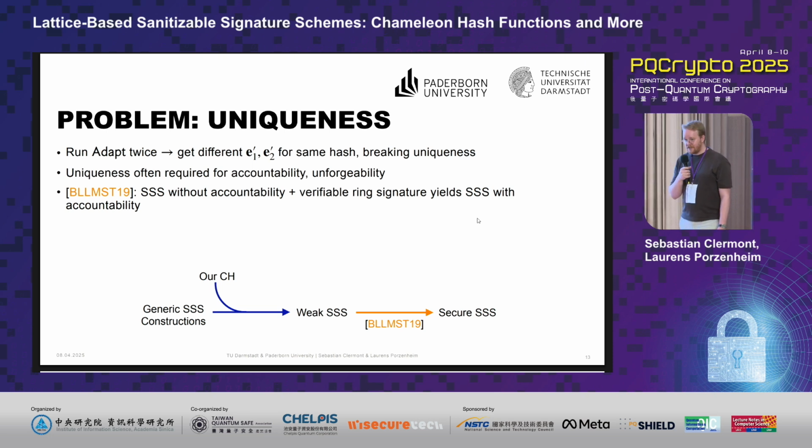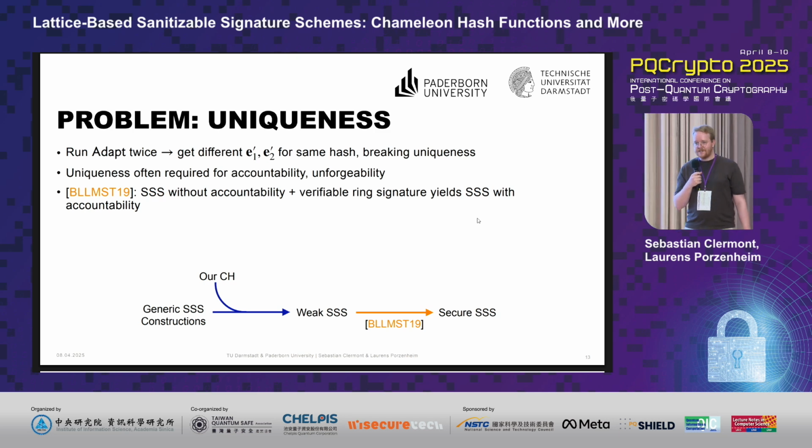So we needed to fix this problem. So what we did is we took a certain transform by BLLR MST19, where they basically say if you have a sanitizable signature scheme without accountability, you can add a verifiable ring signature to that, and then you get a SSS with accountability.